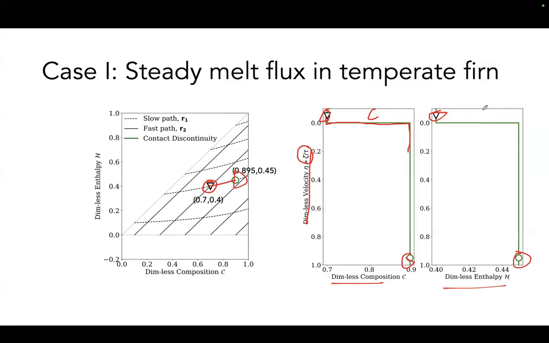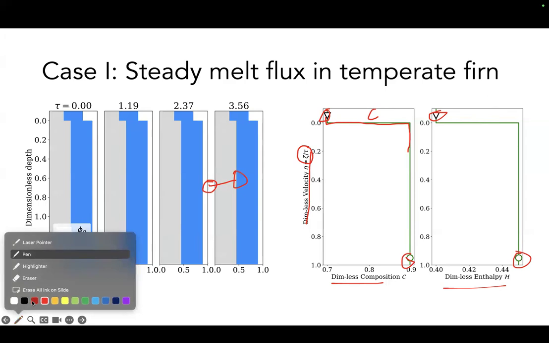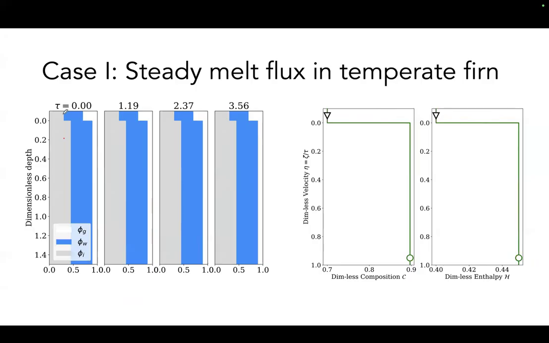And physically, if you look at the volume fractions of gas phi sub G, liquid water content phi W, and ice volume fraction, this is how it looks, where you have 70% porous Firn, which is about 40% saturated, above 65%-ish porous Firn, where you have 45% liquid water content.